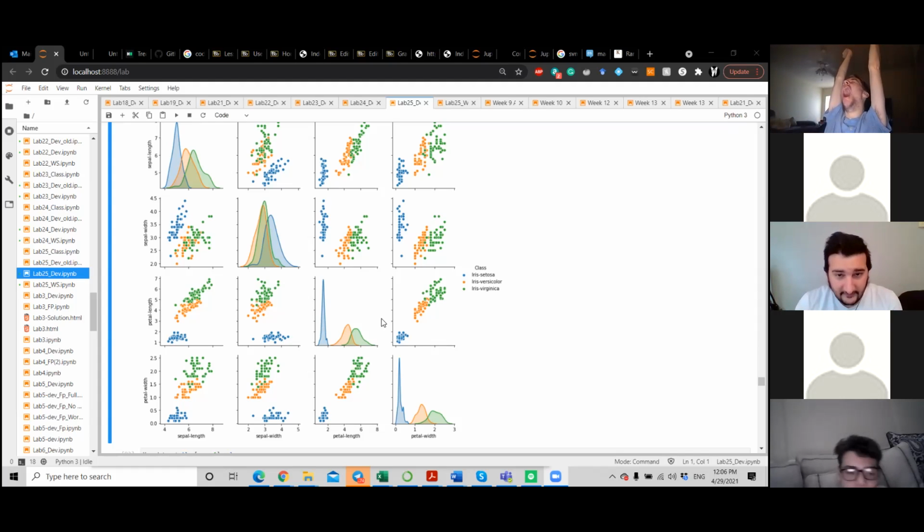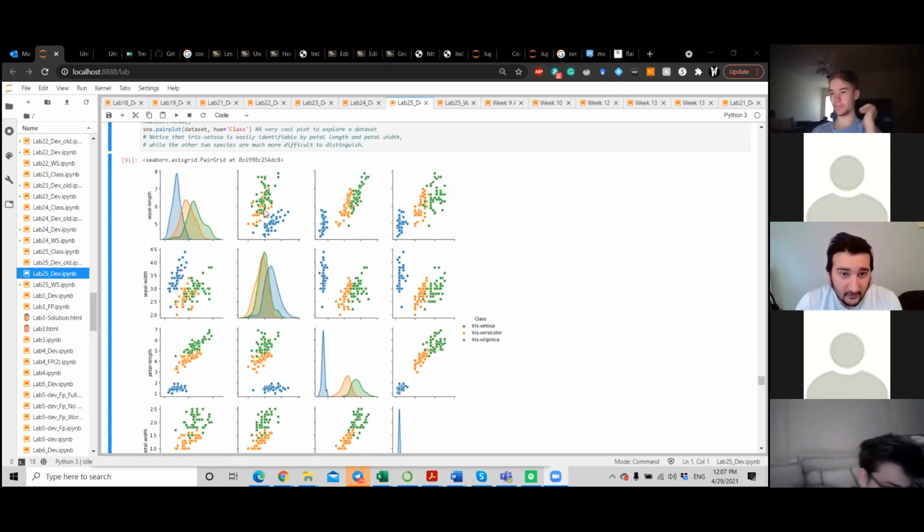Okay. And when we look at the couple that you chose, we see that Iris setosa is clearly distinguishable as a separate cluster. We have a slight area of overlap between Virginica and Versicolor in this area, but it's definitely way better than what we see here, for example.